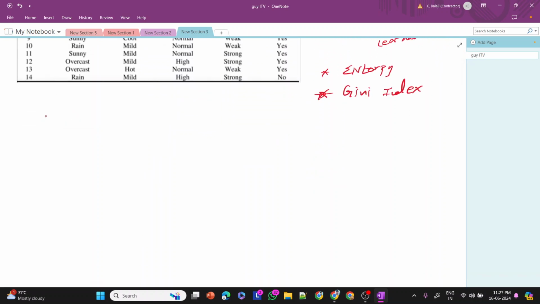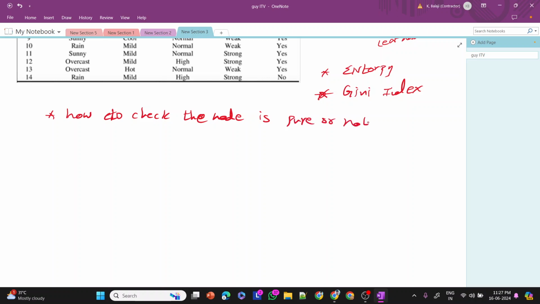Do not forget to note this. This is an important question which will be asked in interviews. How to check whether the node is pure or impure?